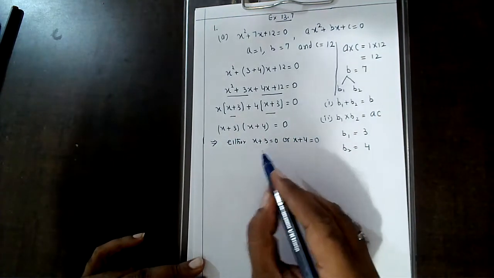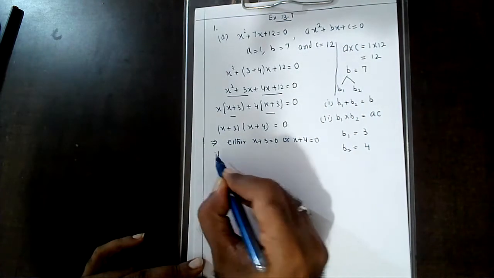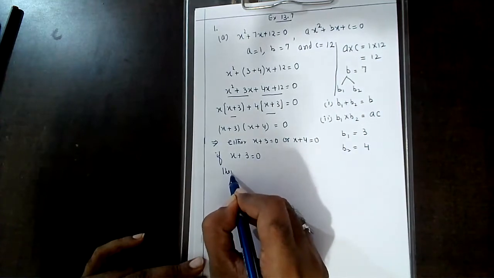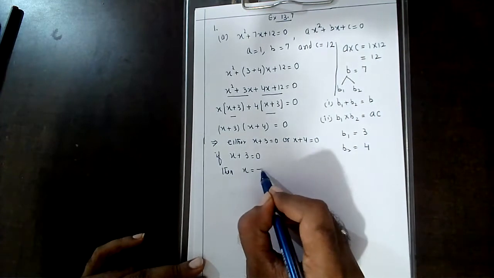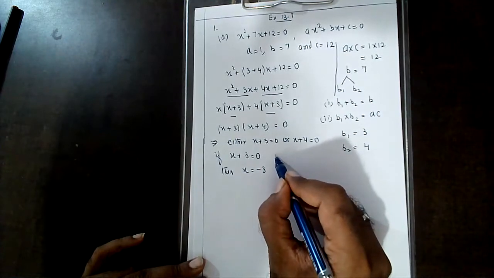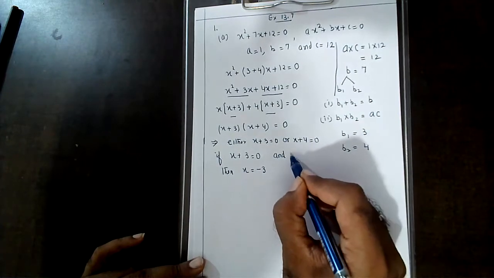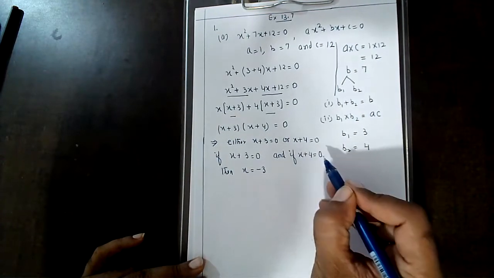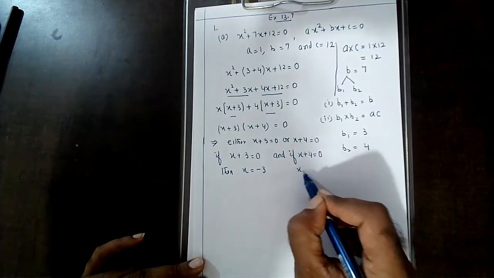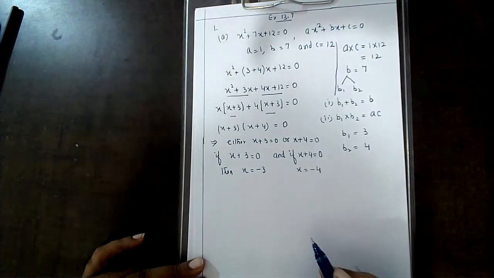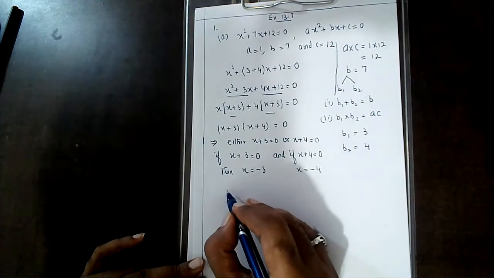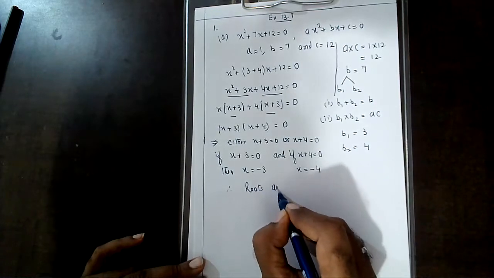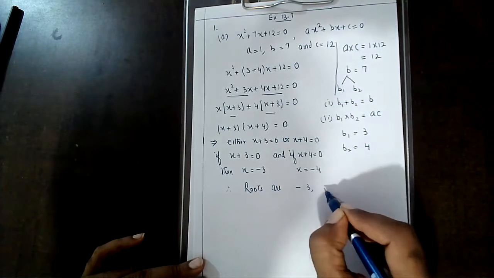Now, if x plus 3 is equal to 0, then x is equal to minus 3. And if x plus 4 is equal to 0, then x is equal to minus 4. So roots of the quadratic equation are minus 3, minus 4.